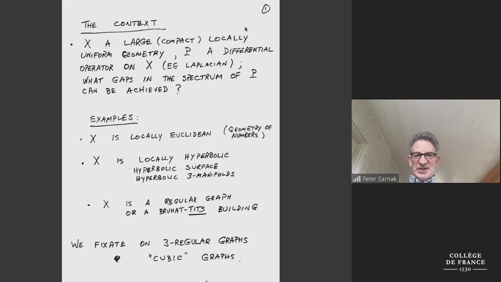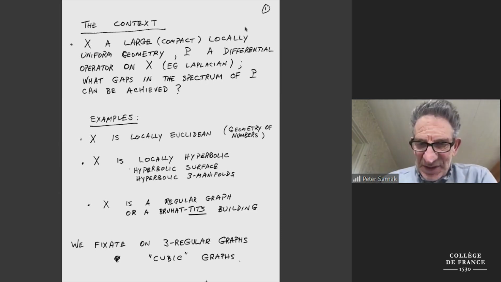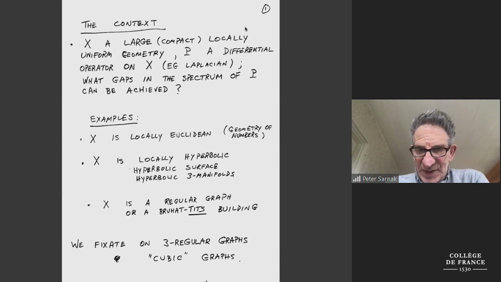And the discrete analog of all this would be a local uniform geometry, which would be a Bruhat-Tits building. And I have to mention Tits here since he was at the Collège de France. And the operators that commute, everything would be linear algebra. The quotients of finite local buildings.